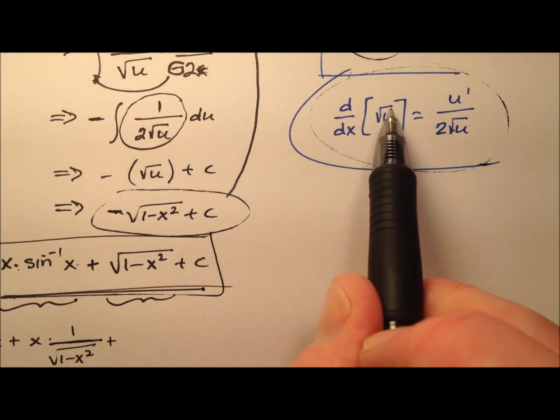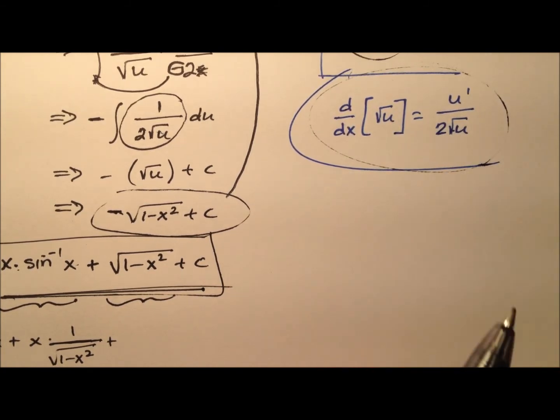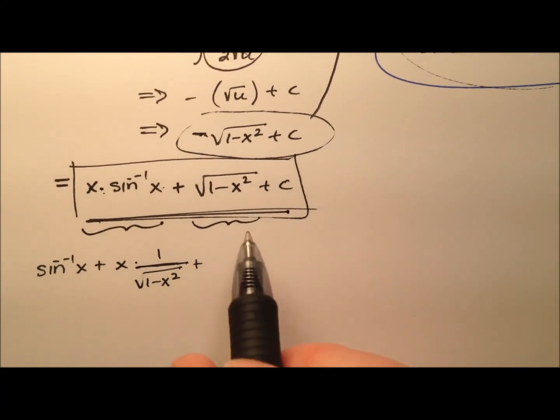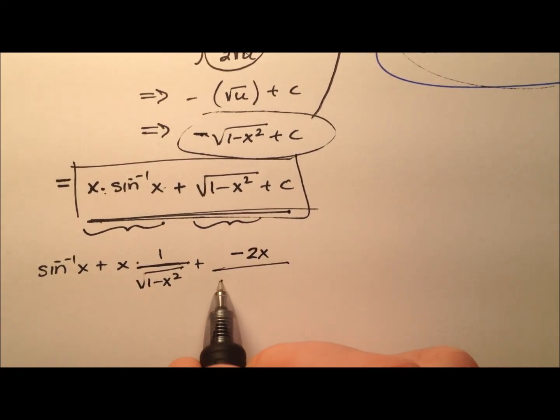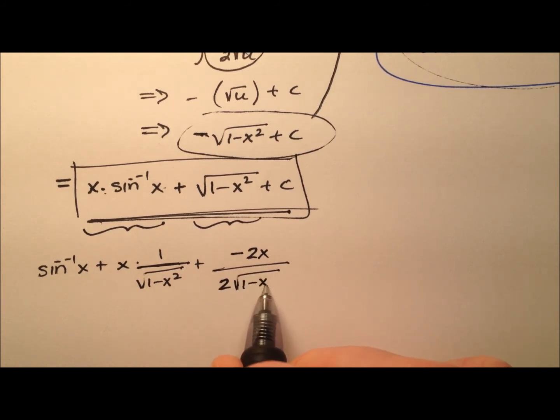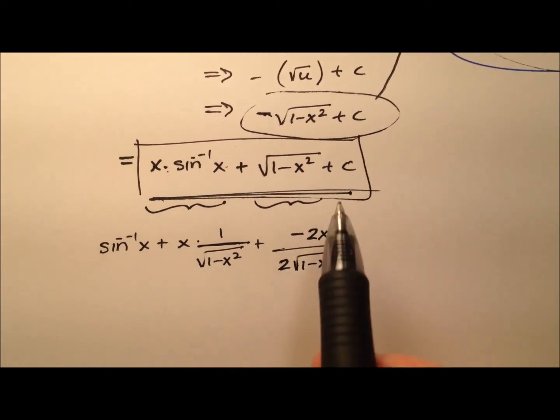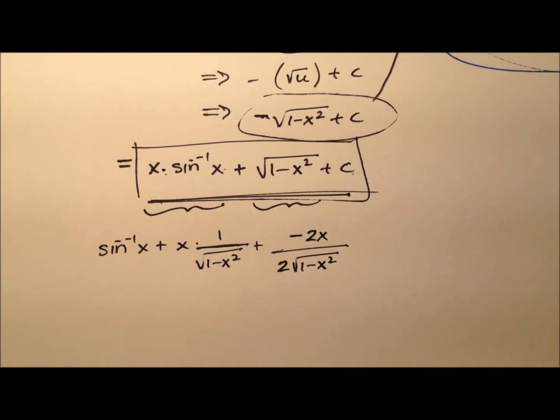So the derivative of the square root of some function is u prime over 2 times the square root of u. So it's going to be u prime, so negative 2x over twice the square root of that 1 minus x squared. And of course, when I differentiate the c, it just goes away.